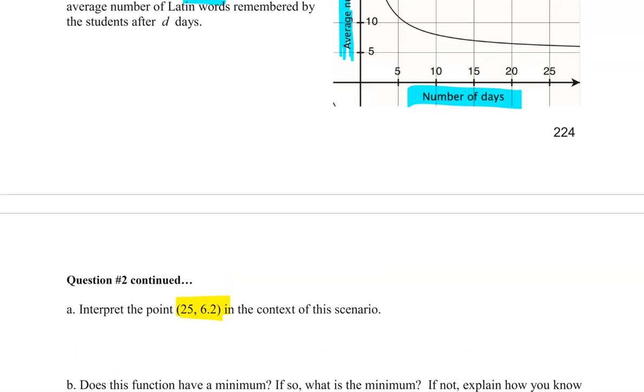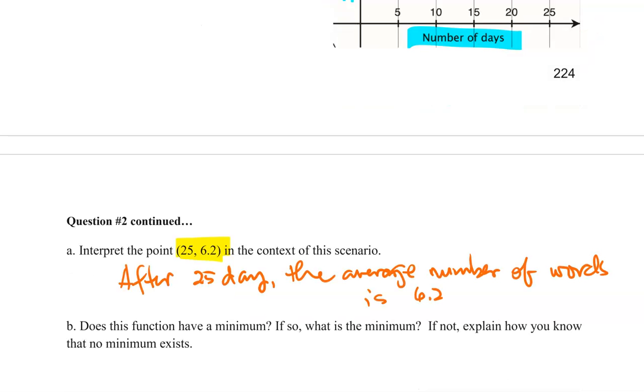Based on this graph, this is 25, so meaning we are talking about this point. And this is 25 and 6.2. Meaning after 25 days, the average number of words remembered is 6.2.